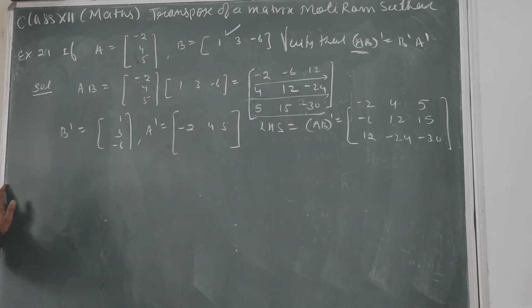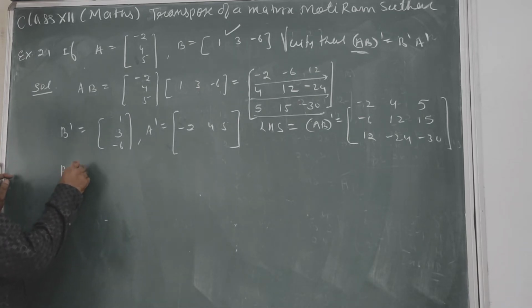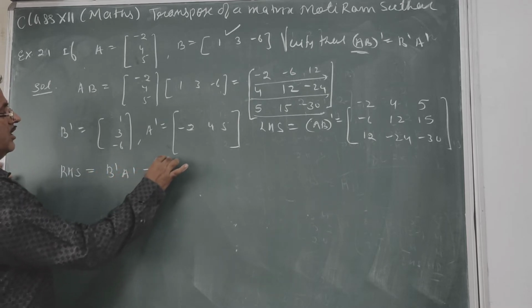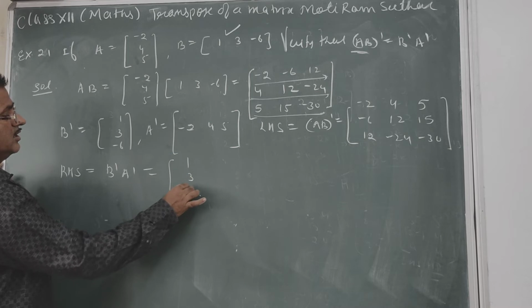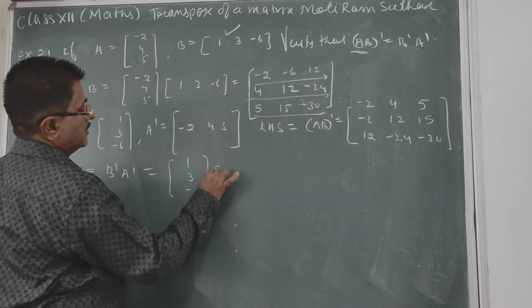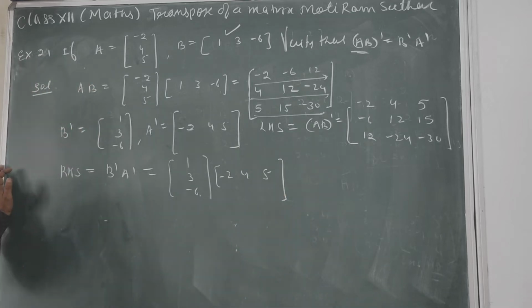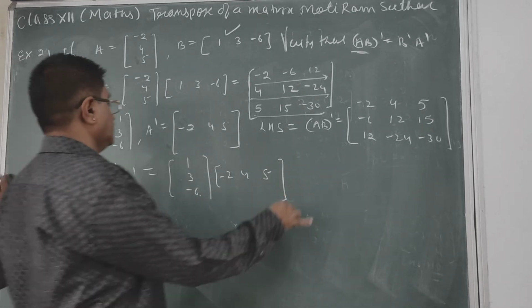So this is the A transpose. Now right hand side what say, we have to check B transpose into A transpose. So write down B transpose 1 3 -6, -2 4 5. Now find the product of these two.